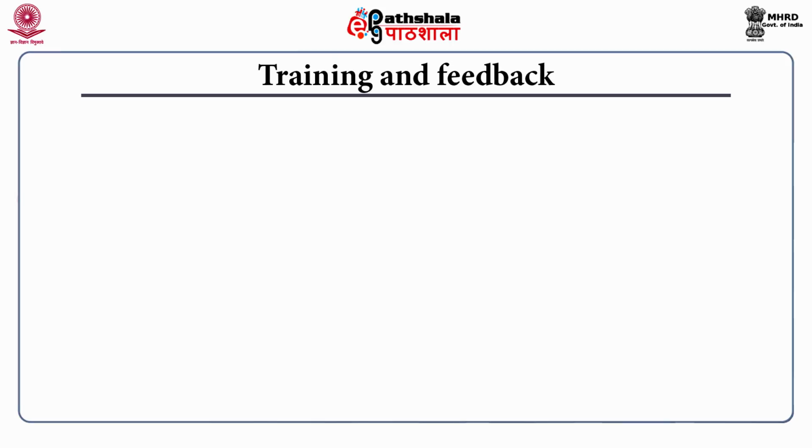Training and feedback. Employees working at different levels in the organization need to be upgraded in terms of requirement, expectation, tools, and procedure for successful implementation of performance management in the organization. Regular training and education enables the employees to handle the difficulties arising during successful implementation of performance management.